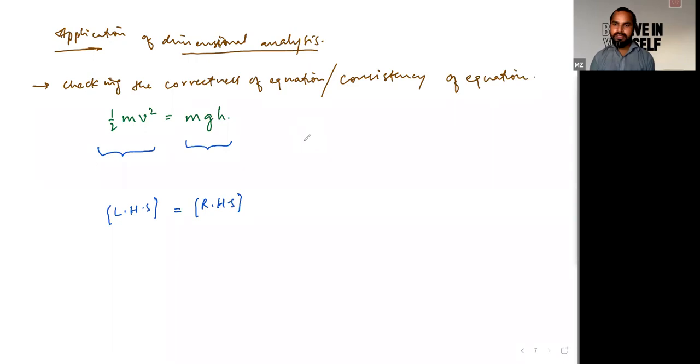Nida, check once again. They should be equal. Diba, mass should be there, I think.